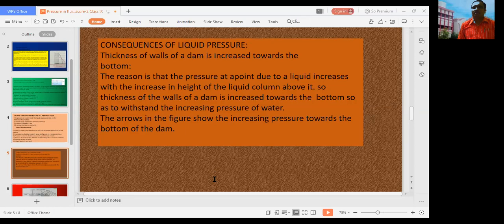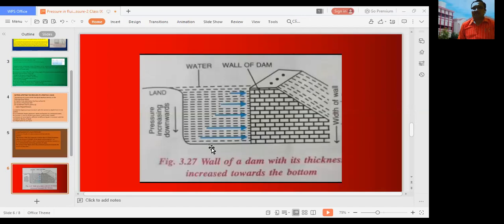You can see the diagram to understand how these dams are constructed. If you observe this diagram, the thickness of the dam is more at the bottom than at the top. This big arrow represents that the pressure is more at this point.